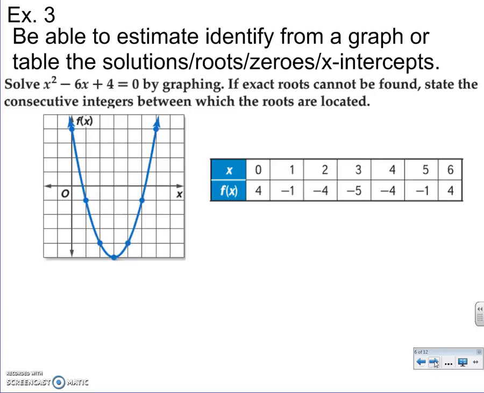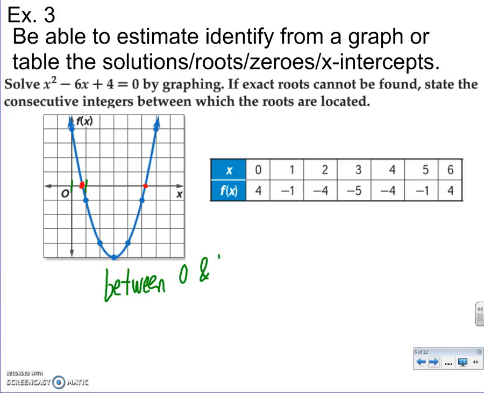So here I got x squared minus 6x plus 4. And as you can see, we have x-intercepts, two of them. One right here and one right here. But they're not perfectly on the graph. It's not on a corner. So all I know is this first intercept is between 0 and 1 for x.